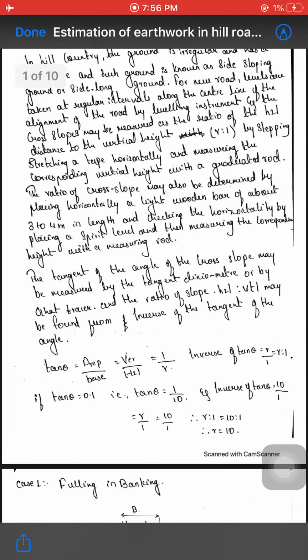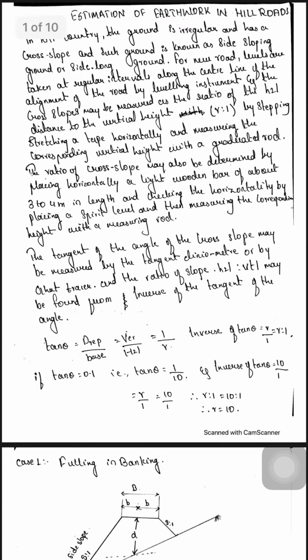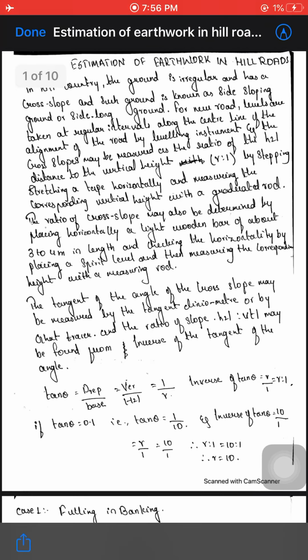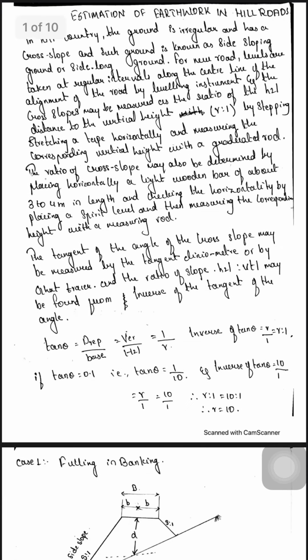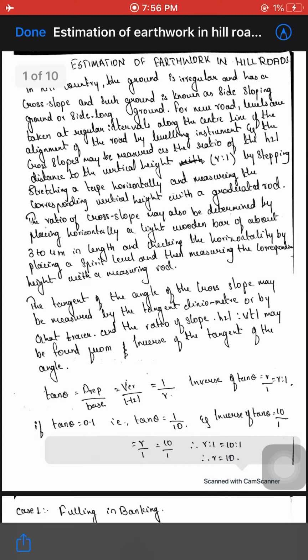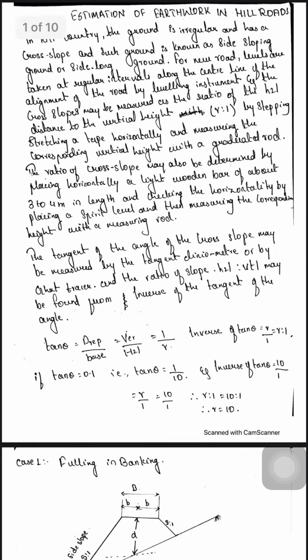The tangent of the angle of the cross slope may be measured by the tangent clinometer or by Gauss tracer, and the ratio of slope, horizontal to vertical, may be found from the inverse of the tangent of the angle. For example, if tan theta is vertical divided by horizontal, it is 1 by R, and we take the inverse of tan theta, that is R is to 1. So if tan theta is 0.1, then tan theta is equal to 1 by 10, that is 0.1, and the inverse of it will be 10 by 1.